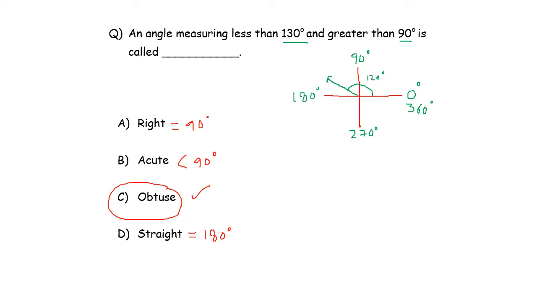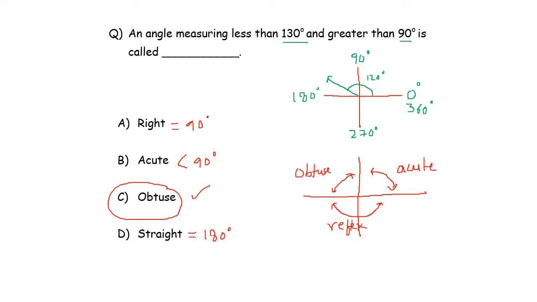Okay, so actually in this diagram, I want to specify one more thing. It will be very helpful. If the angle is between here and here, then it is acute. If the angle is between here and here, then it is obtuse. And if the angle is after 180 up to 360, then it is called reflex angle, right?